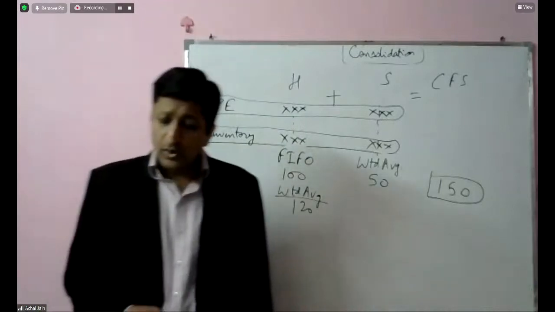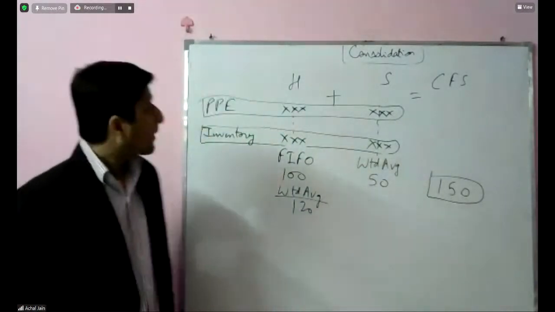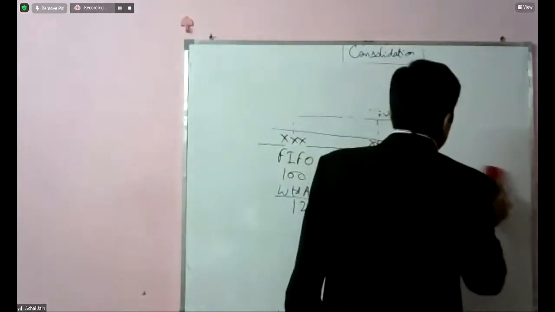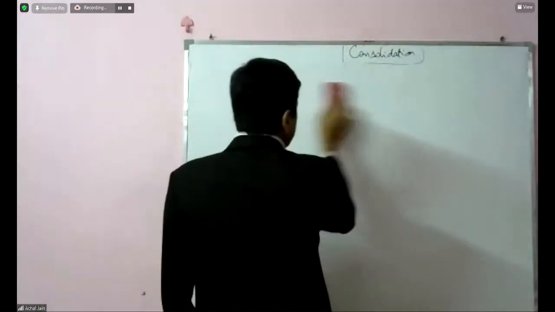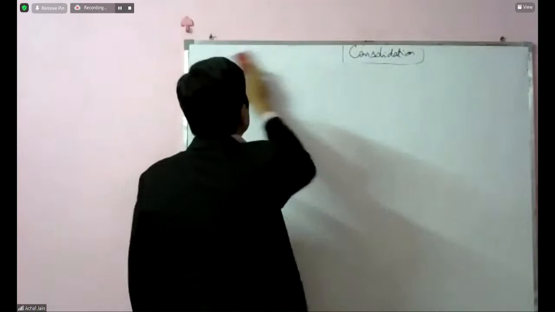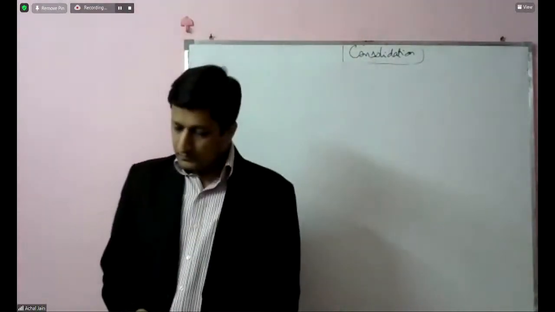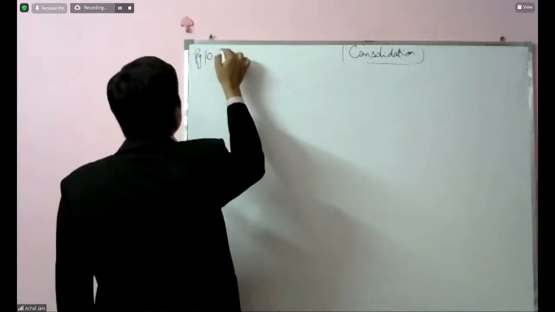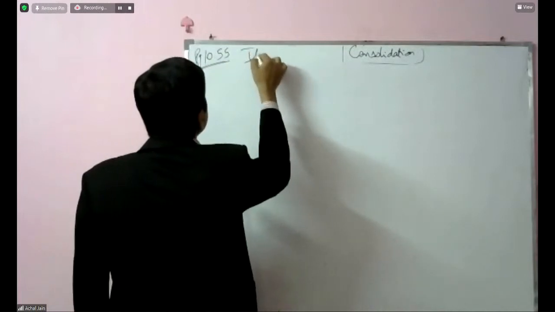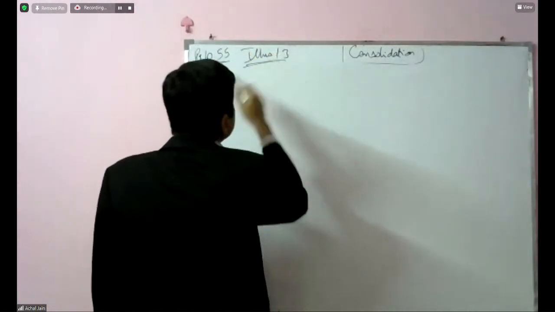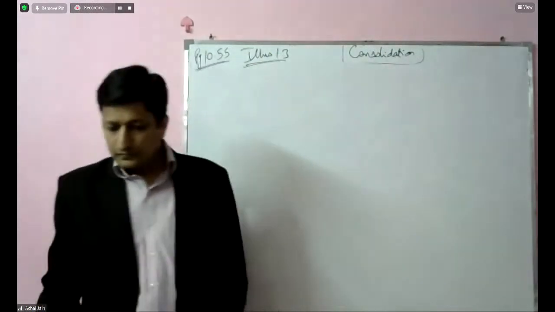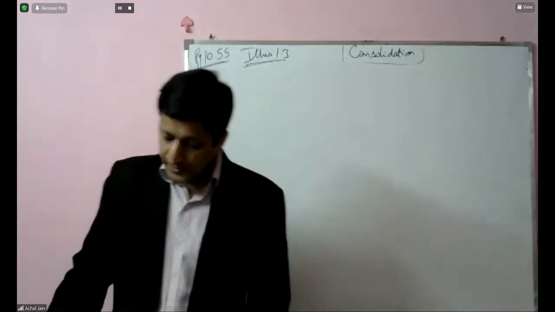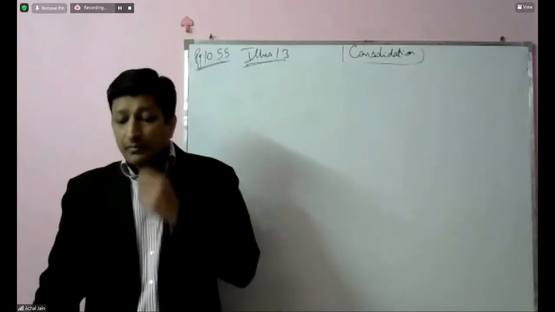So let's move on to illustration number 13 now. Subsidiary B Limited provides the following balance sheet. So we have the balance sheet available for the subsidiary.